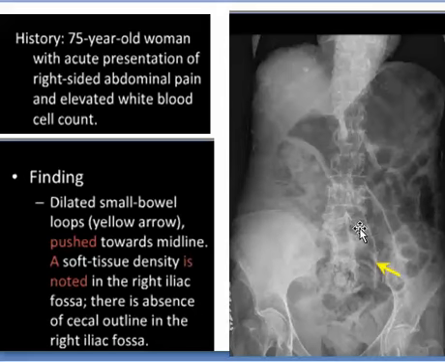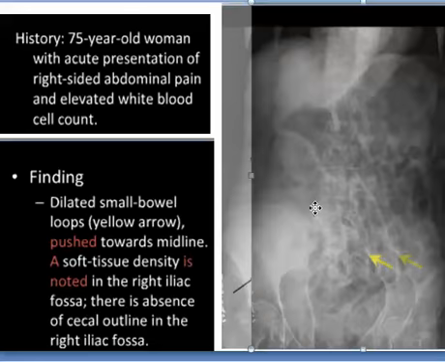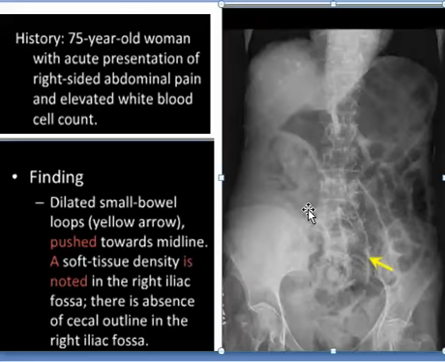Here we can find that in this 70-year-old woman with acute presentation of right-sided abdominal pain and elevated white blood cells, the distal ileal loops are pushed toward the midline. There is gastric dilatation.